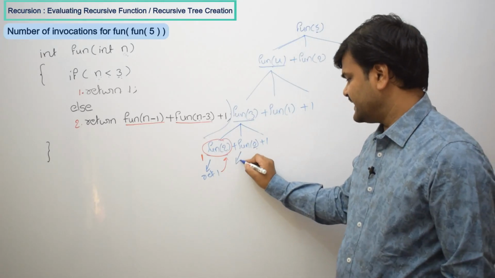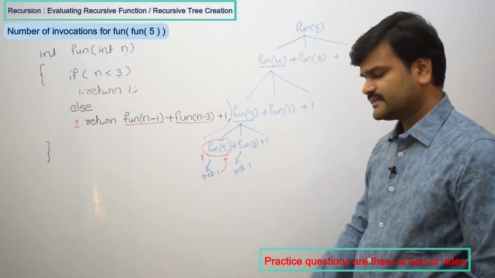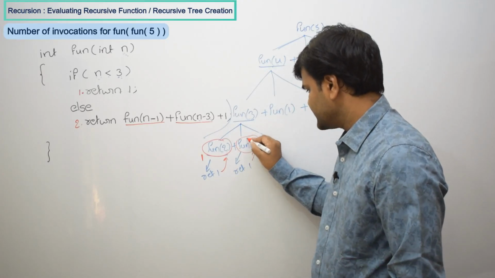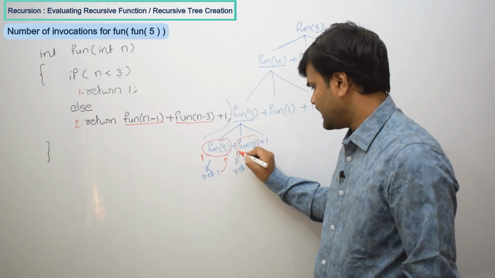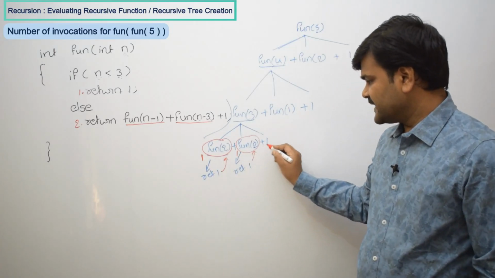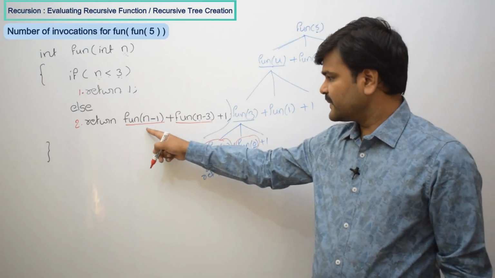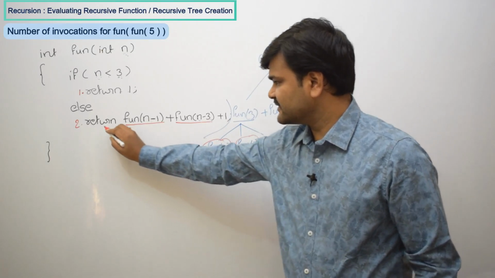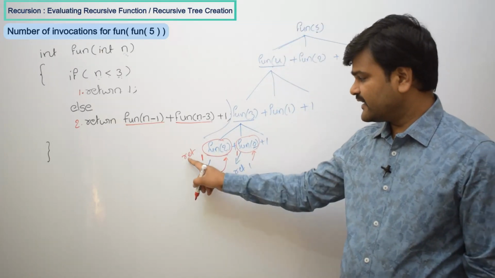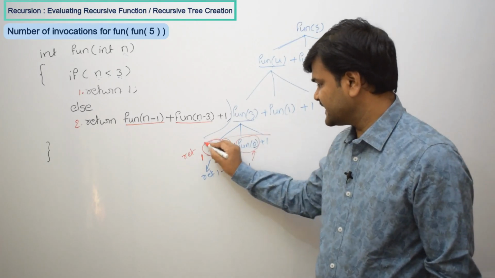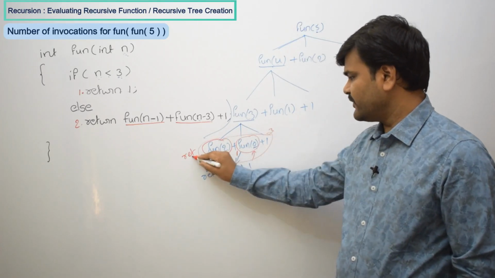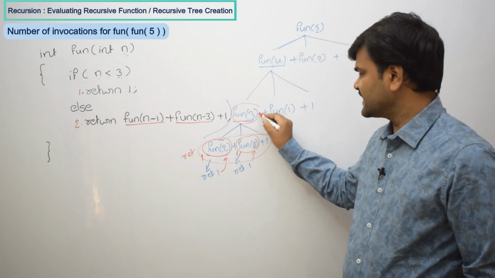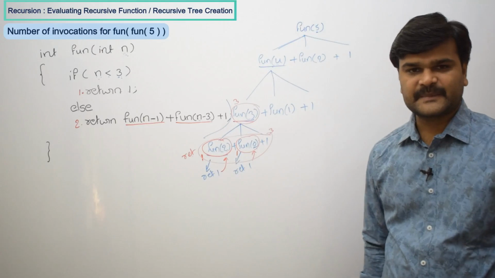So this entire thing is replaced by 1. So 1 plus 1 plus 1, 3, that you have to return. Where do you have to return this 3? Here it is called, so this whole thing is replaced by 3.